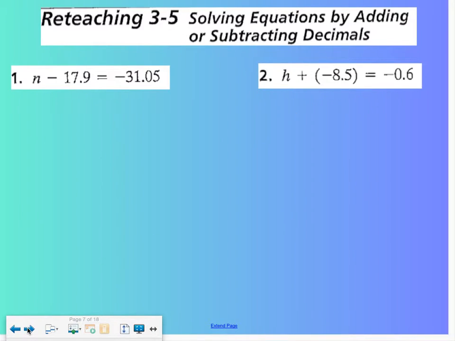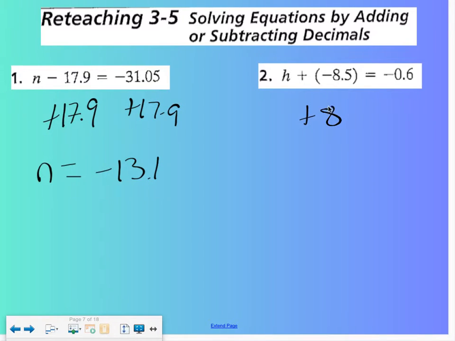Section 3.5 dealt with the exact same thing, but with decimals. How do you get m by itself here? You add 17.9 to both sides. When you do that, we get n equals negative 13.15. For number 2, we have two options. Option number 1 is to add 8.5 to both sides, because this really simplifies to just h minus 8.5.